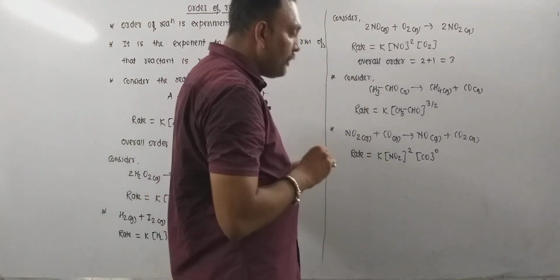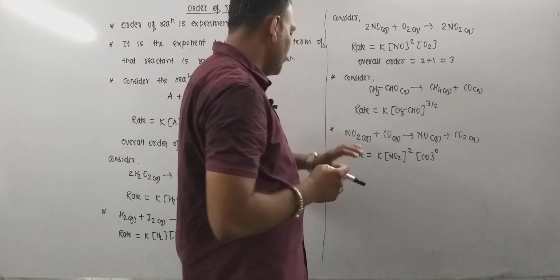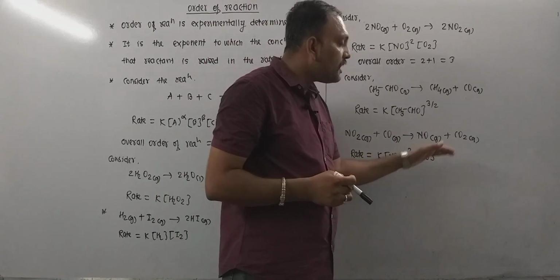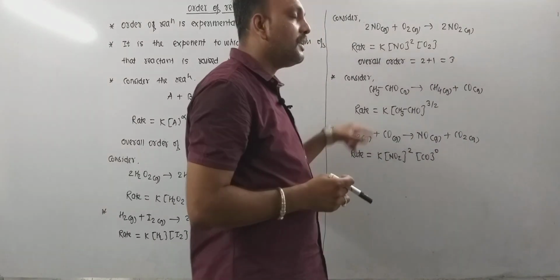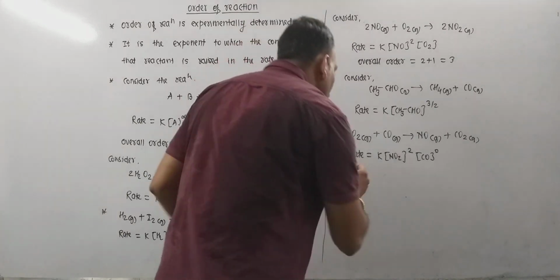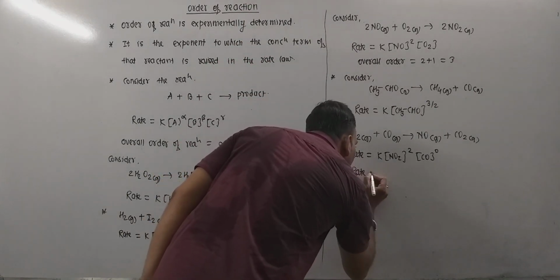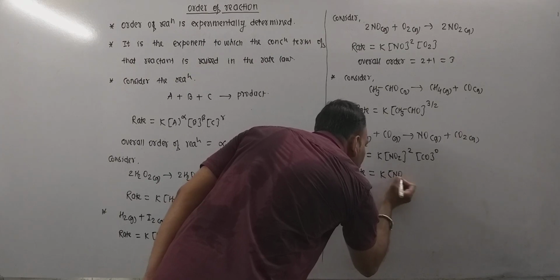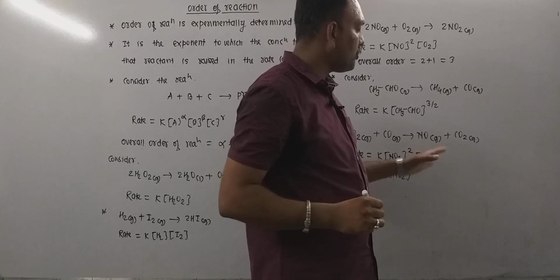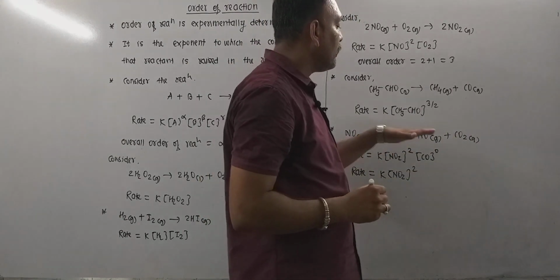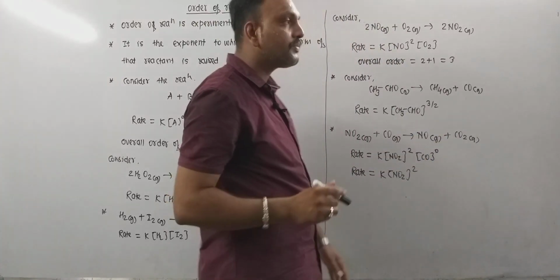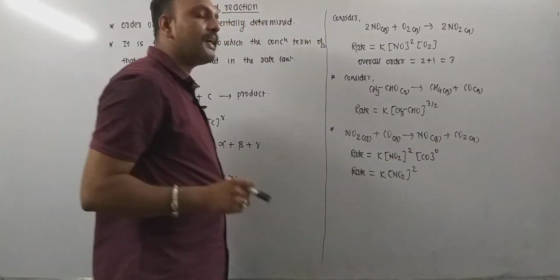It means that the order with respect to NO2 is 2 and the order with respect to CO is 0. So this rate law can be written as rate equal to K into concentration of NO2 to the power 2, because the order with respect to CO is 0. It means that the rate is independent of the concentration of this ingredient. So the overall order becomes second order.